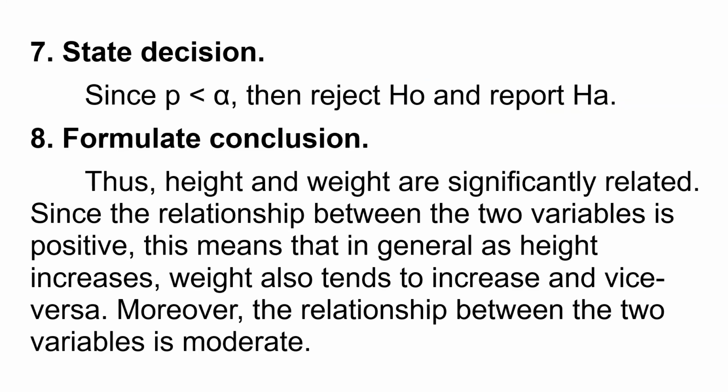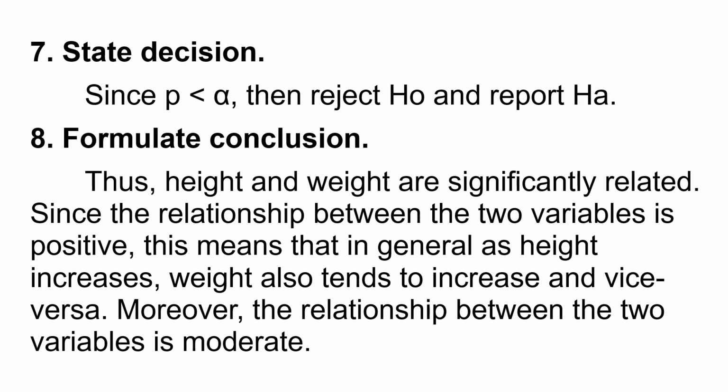Since P is less than alpha, then we reject HO and you have to report HA. So for our conclusions, I will go back to my given and copy the alternative hypothesis. And I may say, thus, height and weight are significantly related.